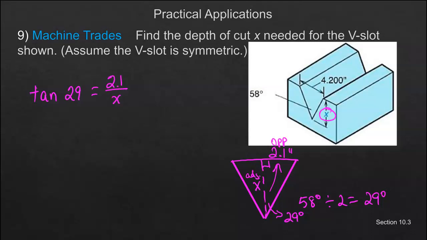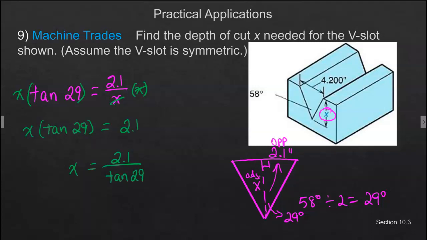So we multiply on both sides by x. All right, so x times the tangent of 29 is equal to 2.1. So to solve for x, we divide both sides by the tangent of 29.